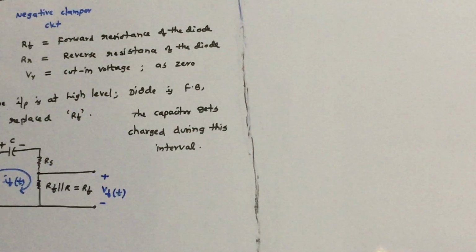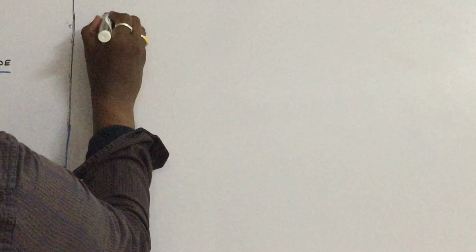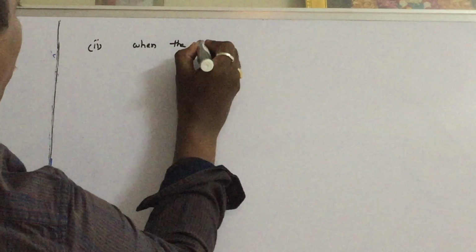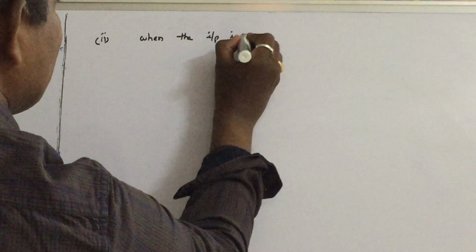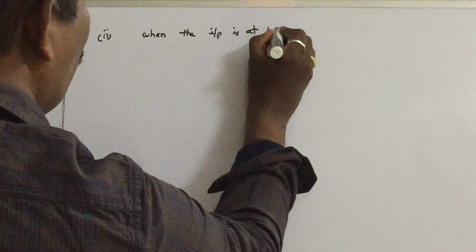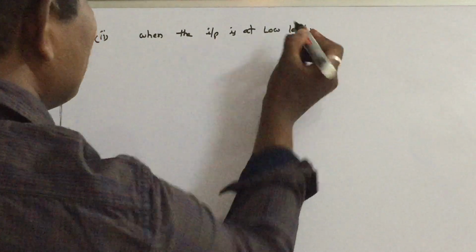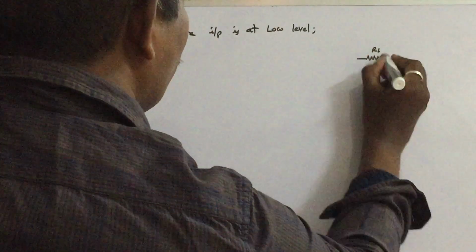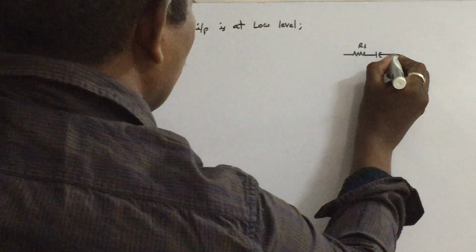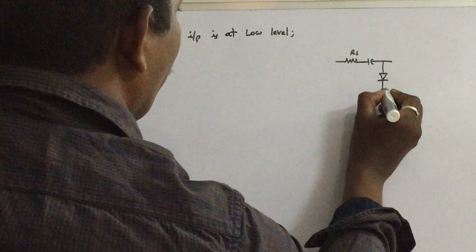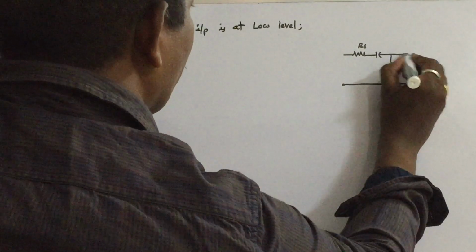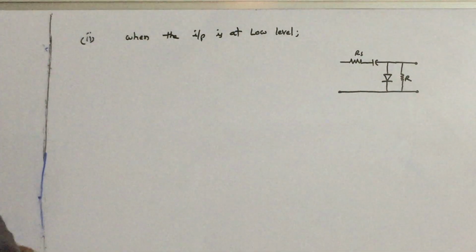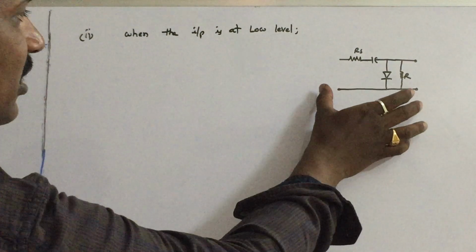Let us see the second case, when the input is at low level. Just mention the condition. This is the negative clamper with the source resistance taken into account, and this is the resistor which we connect practically across the diode.